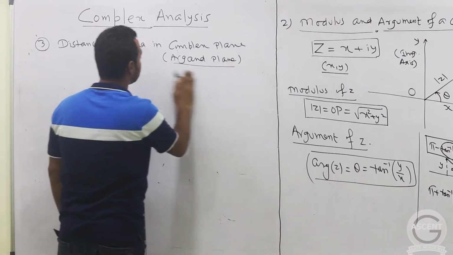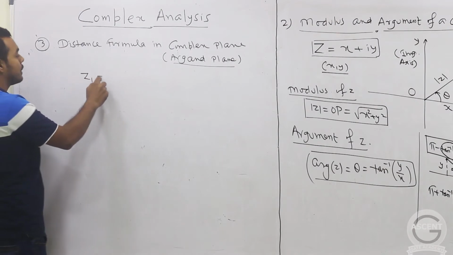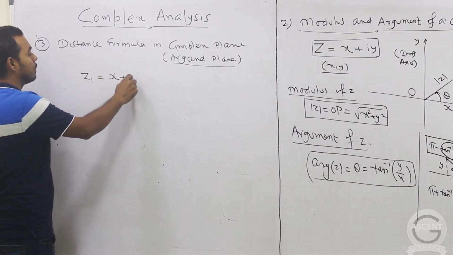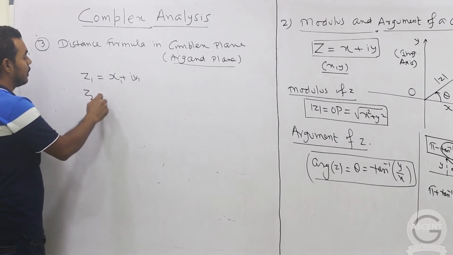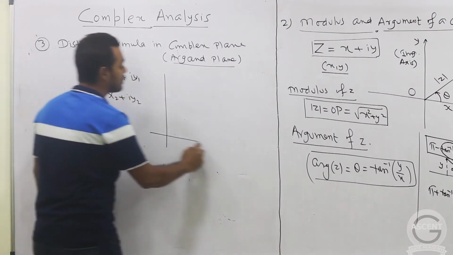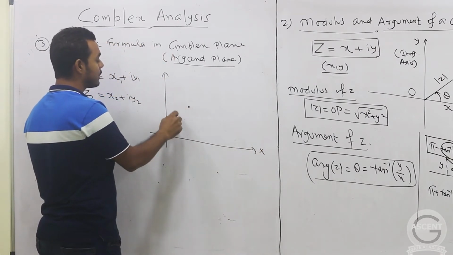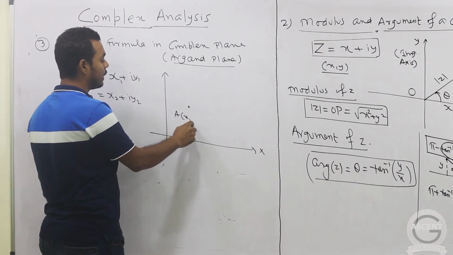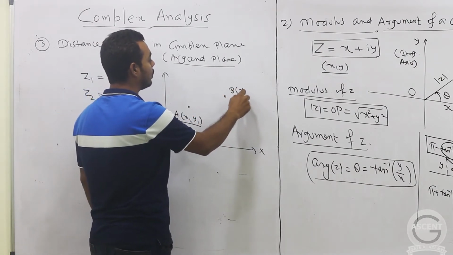So the distance formula in the complex plane is, suppose we have one complex number z1 which is x1 plus iota y1, and another complex number z2 which is x2 plus iota y2. Now suppose these two complex numbers are represented by the points A(x1, y1) and B(x2, y2).